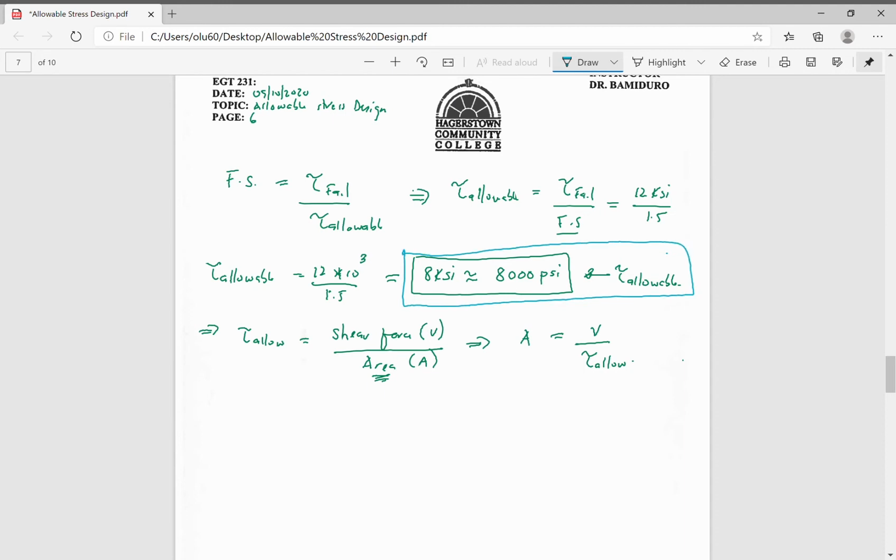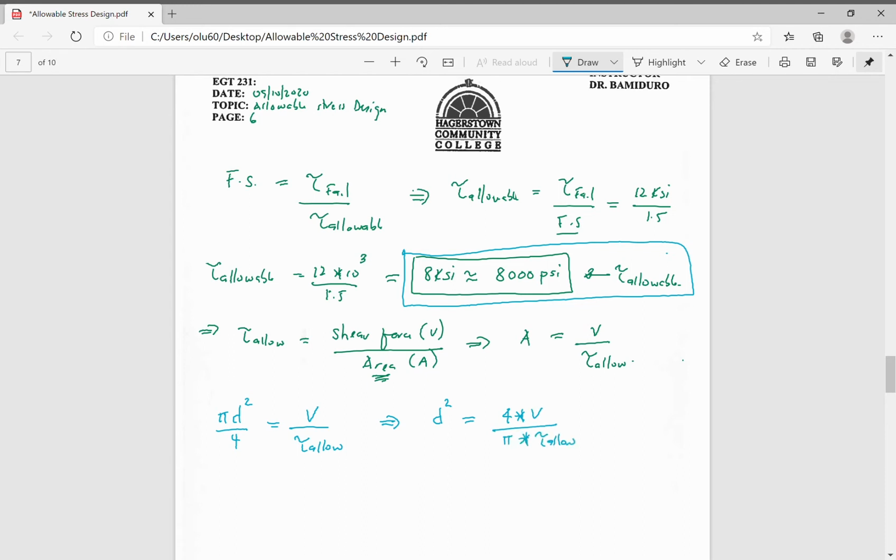Okay, so kind of keep that in mind. Our area can be written as pi d squared over 4 equals the shear force over the allowable shear stress. We solve for d, so d squared happens to be 4 times the shear force divided by pi times tau allowable.